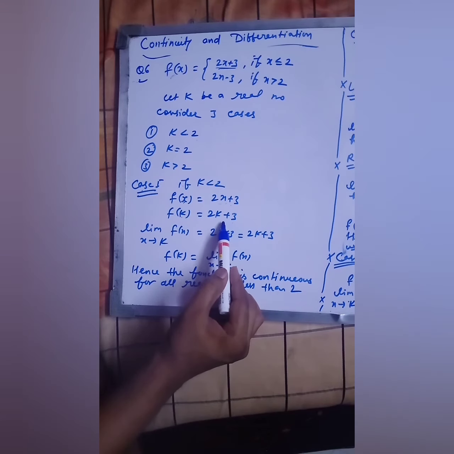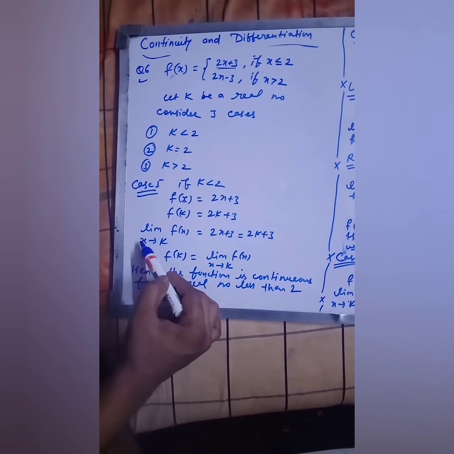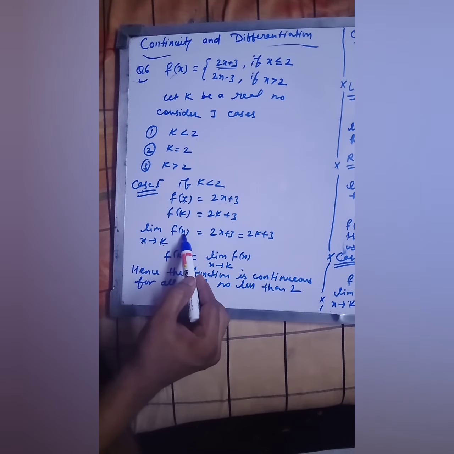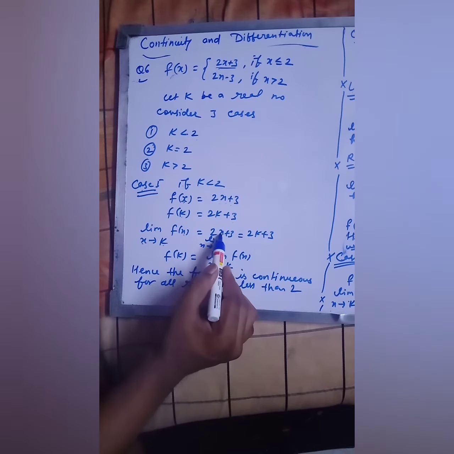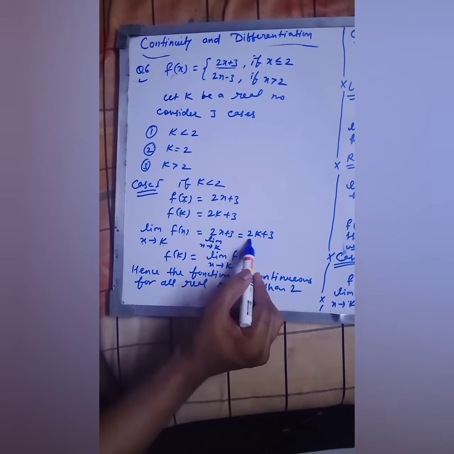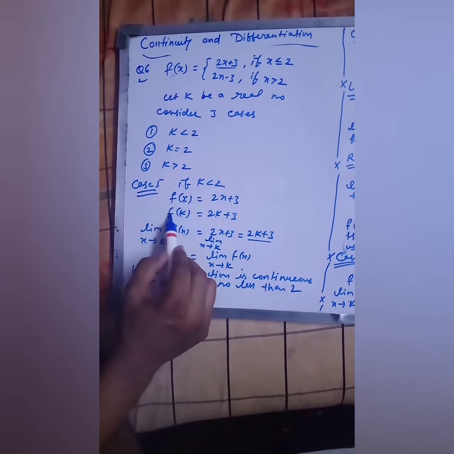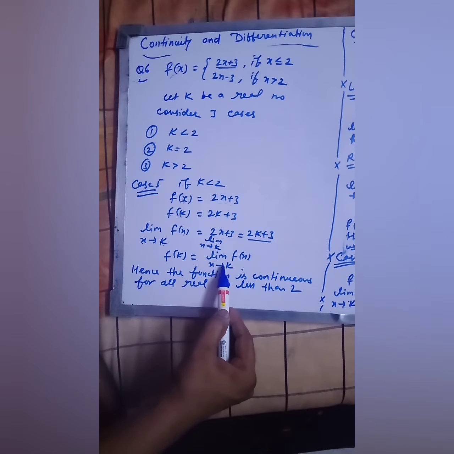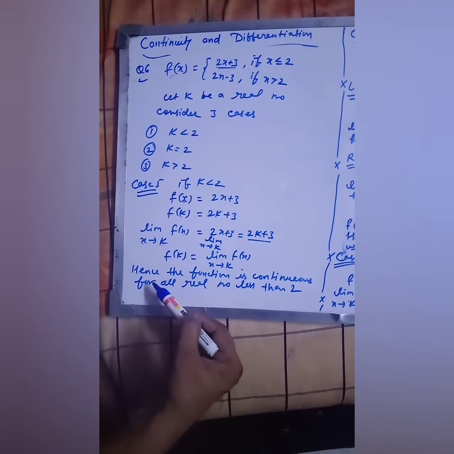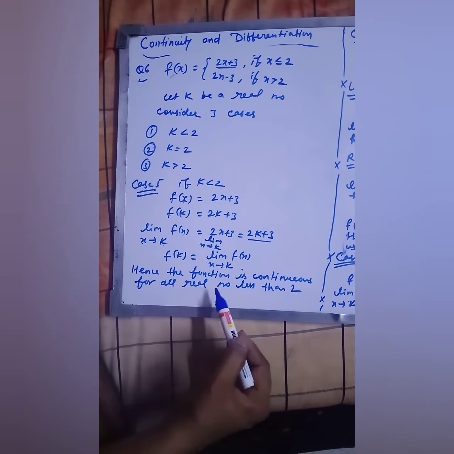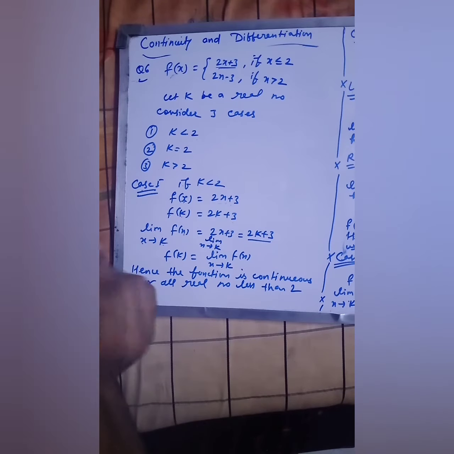Now you have to take the limit as x approaches k of f(x). In place of f(x), you put 2x plus 3, limit x approaches k. In place of x, I am putting k, so this comes out. Now you can say that f(k) and this limit are both equal, hence the function is continuous for all real numbers less than 2. In this first case, the function is continuous.